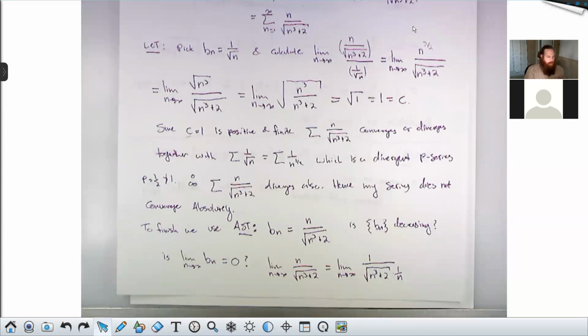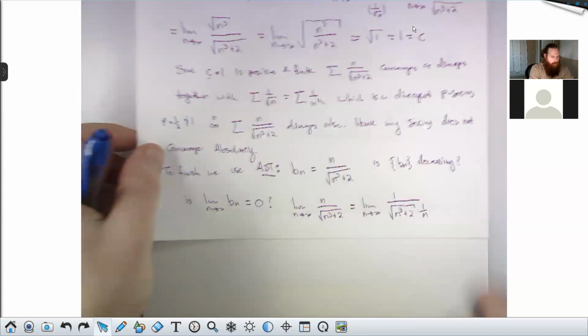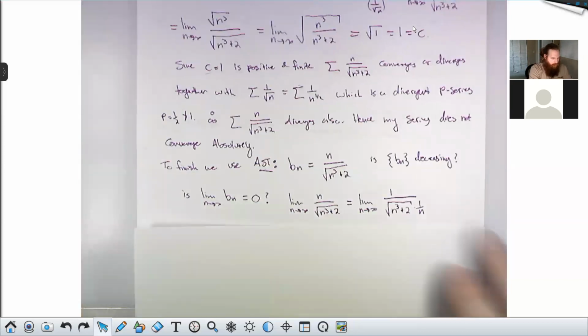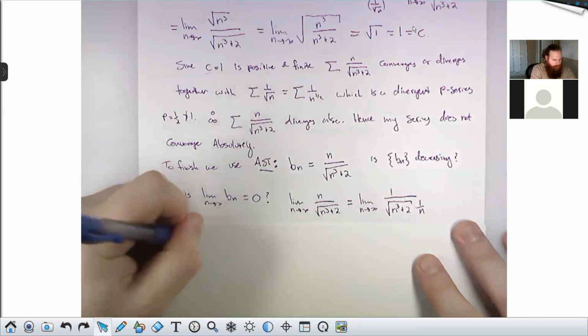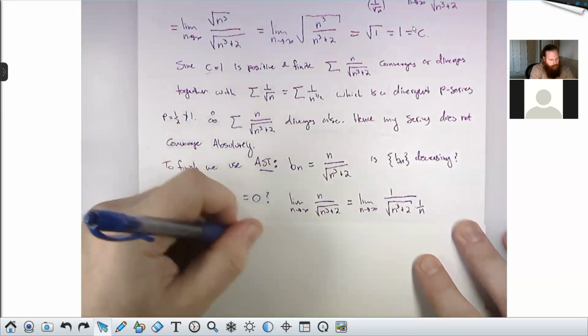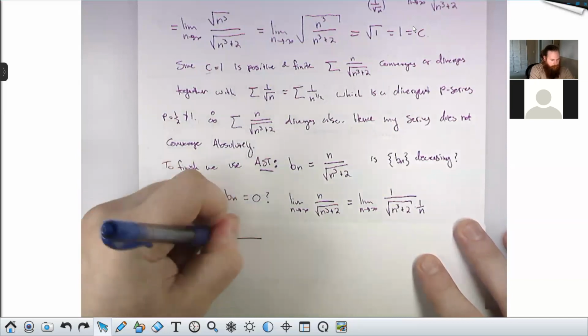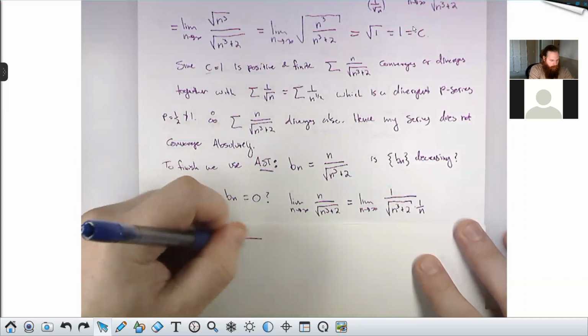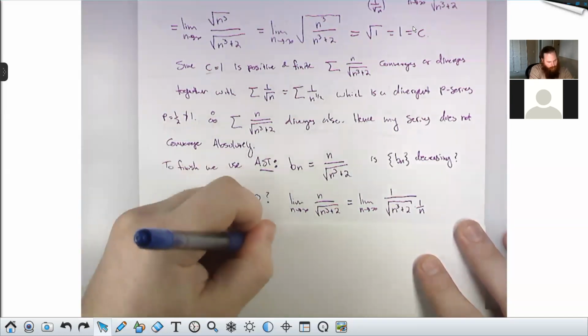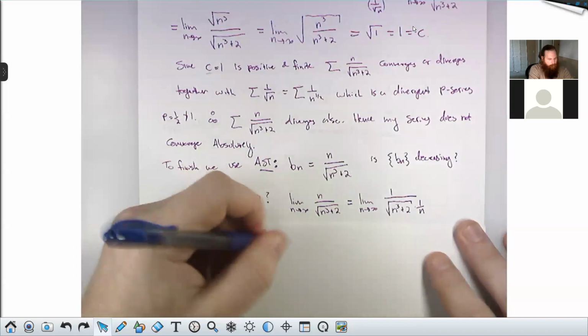And that 1 over n I can treat as the square root of 1 over n squared. So this is 1 over the square root of n cubed plus 2 times the square root of 1 over n squared.